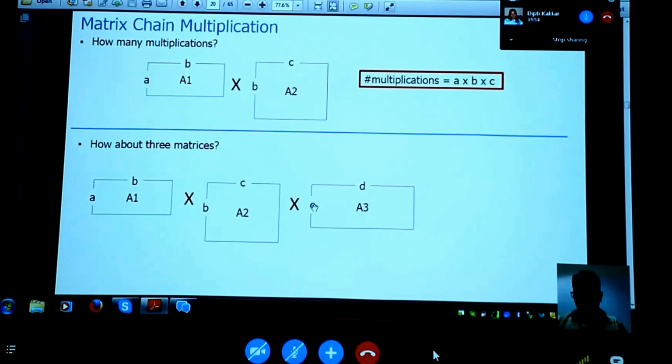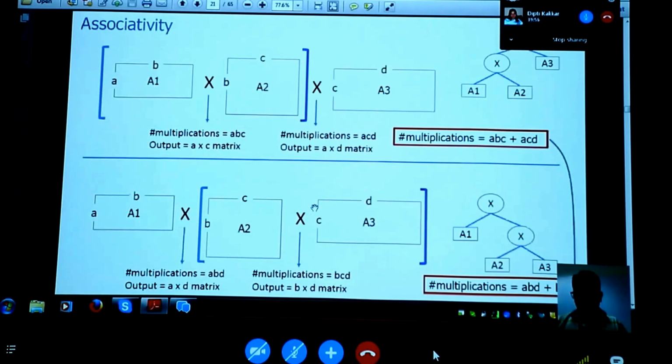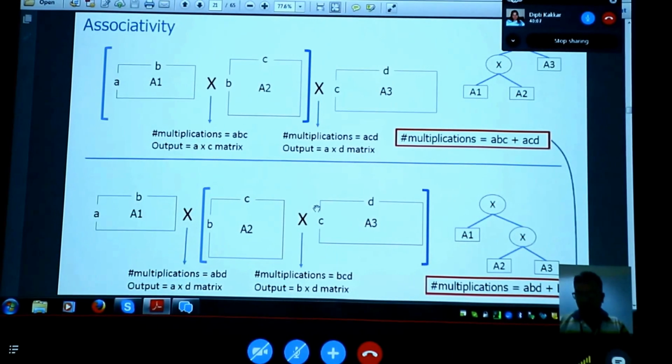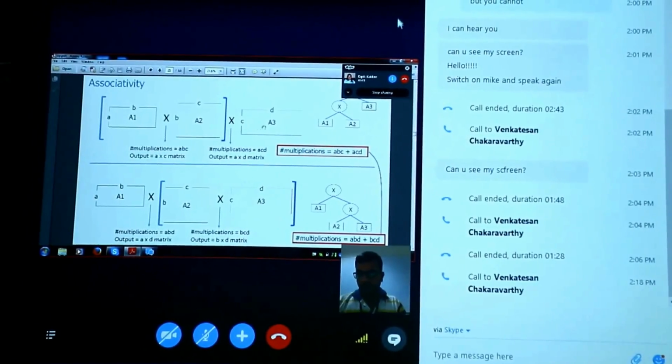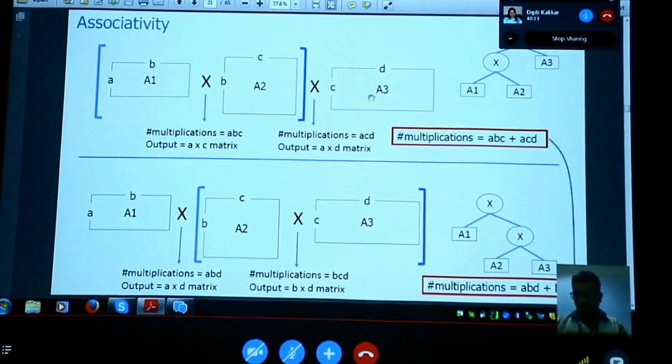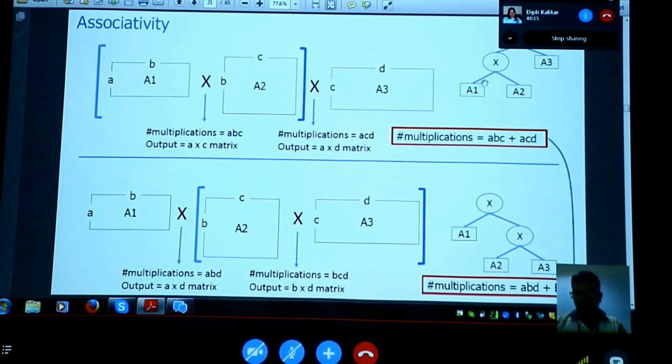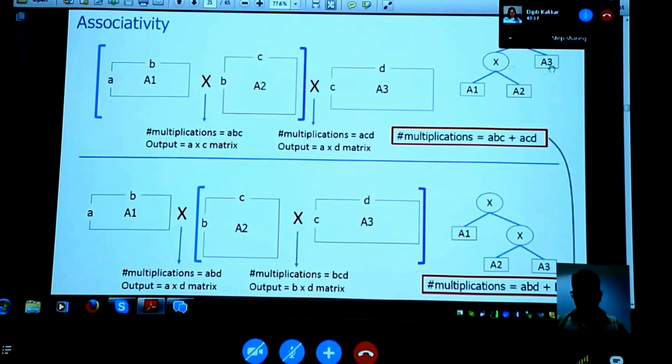In this case, the answer is a bit tricky, because it depends on how you multiply these matrices. So associativity comes into the picture. We can multiply these matrices in two different ways. One is you can multiply A1, A2 first, then multiply by A3. So that will look like this: we first multiply A1 and A2, then multiply it with A3.